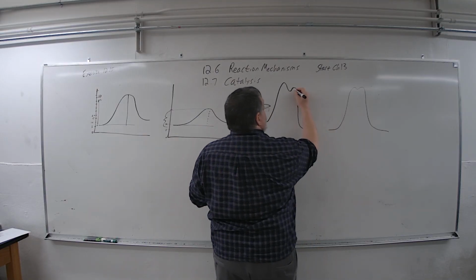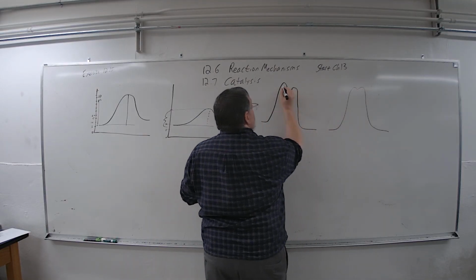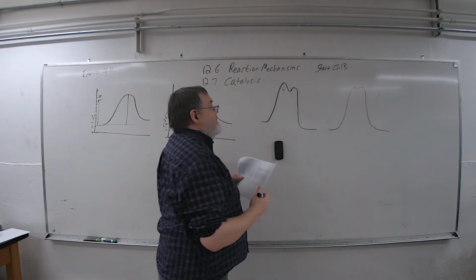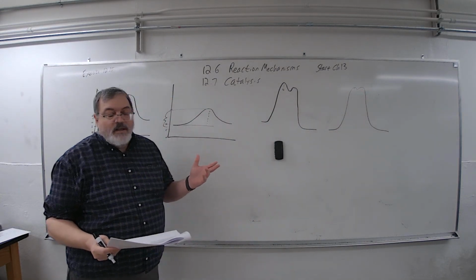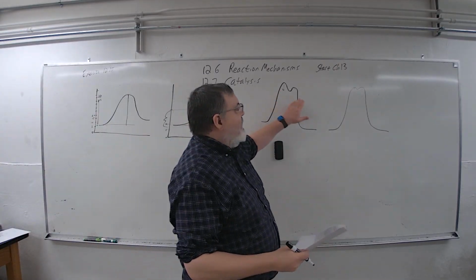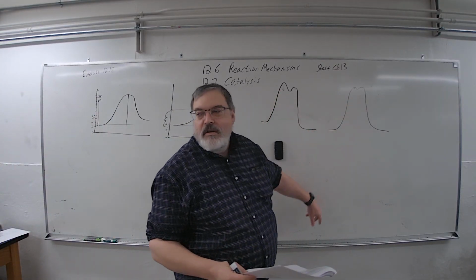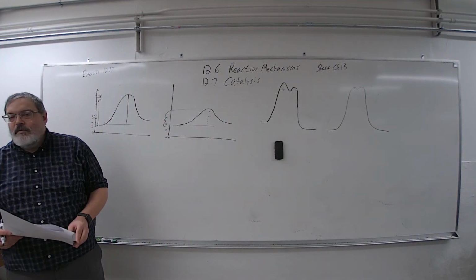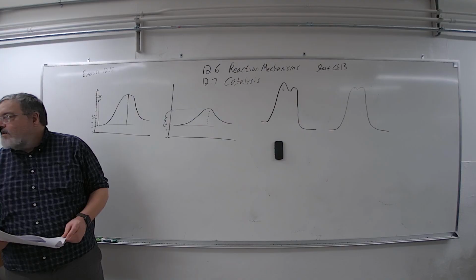And basically, this hump looks the same as this hump. But this hump has been dropped here. And that tells you the first step is the rate limiting step, and that it's that step that's being catalyzed in the reaction. You see that? That's not part of the rate. It's all just conceptual. You guys okay with that?